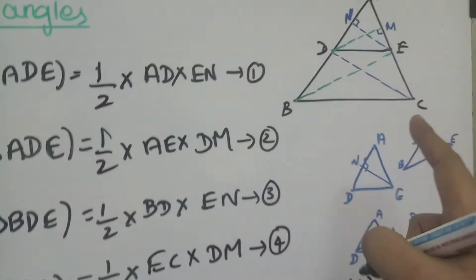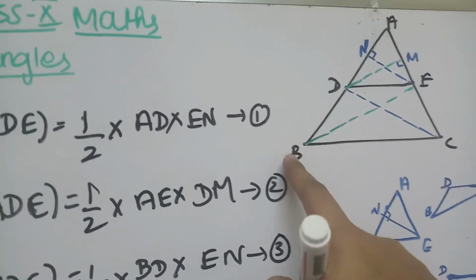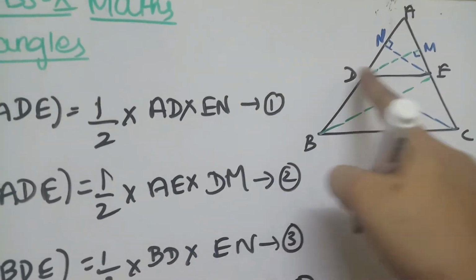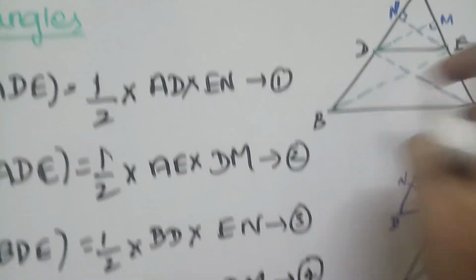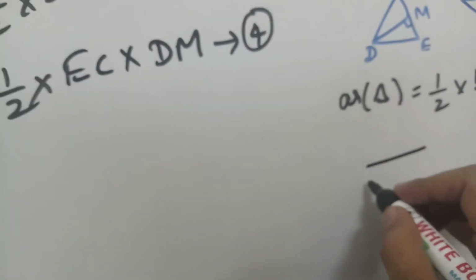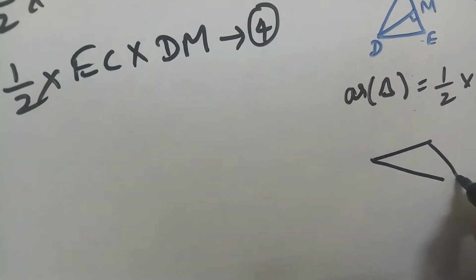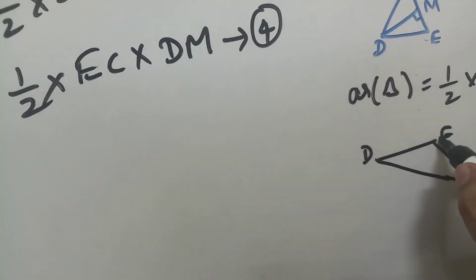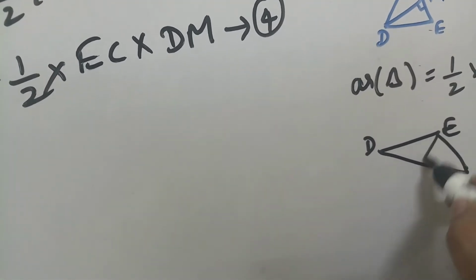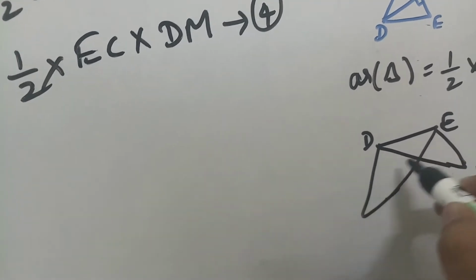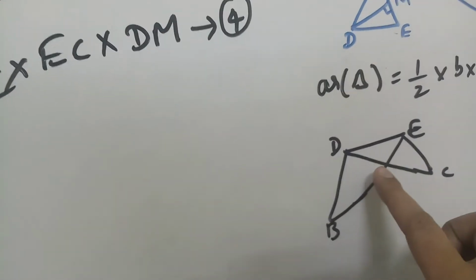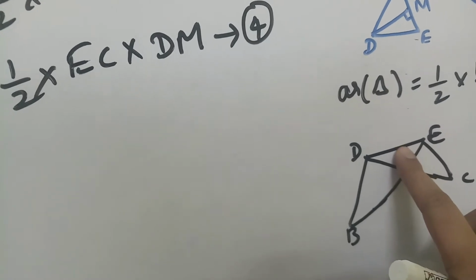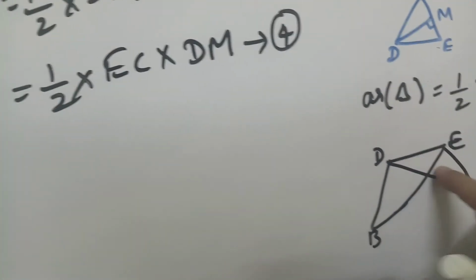And moreover, when we compare this triangle BDE and CDE, this is DEC and DEB, they have the same base DE. So we say the areas are equal.